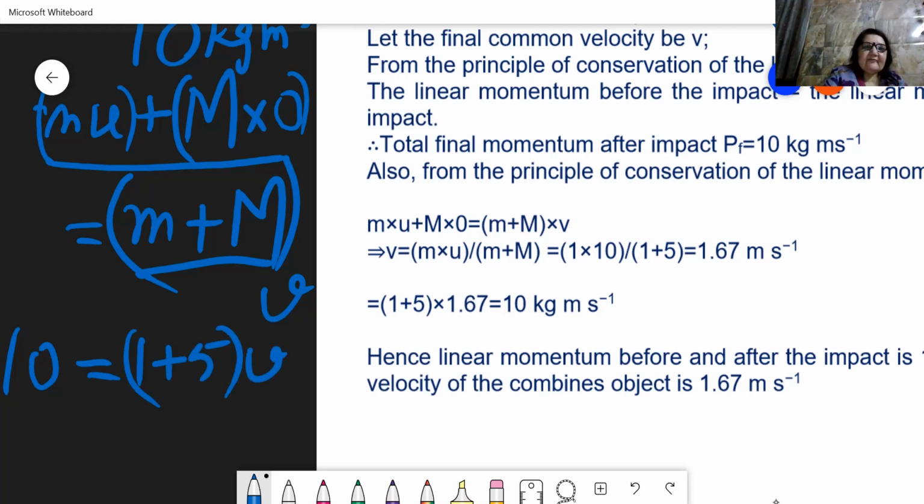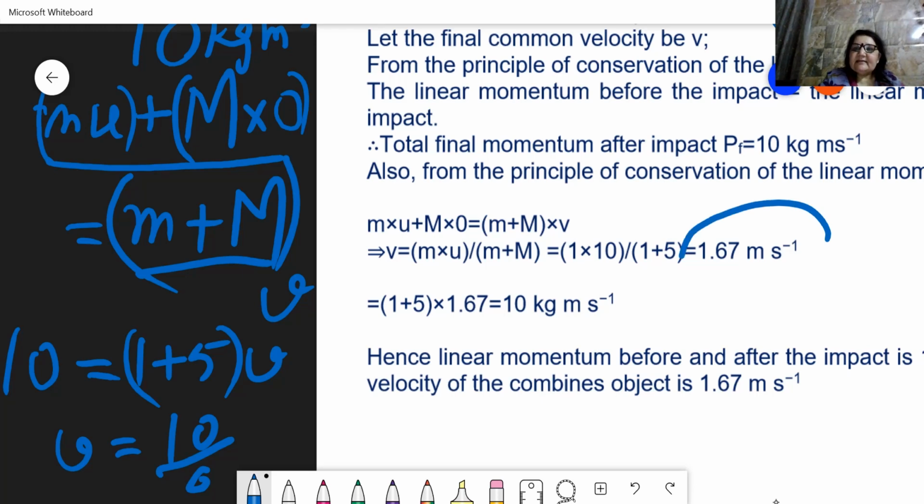So what is our v? v will be equal to 10 upon 6. Now what is 10 upon 6? You can see here it is 1.67 meter per second. So this is your combined velocity. And what is our initial momentum before and after?